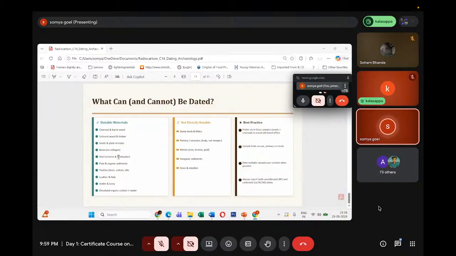For textile, any piece of fragment, we can date, but then again, it has to survive, which is a little rare in the Indian context for early history, or prehistory, or the Mesolithic period and so on, right? And also talking about seeds and plant remains, which are again short-lived samples, the charred grains, for example, are always preferred over the long-lived ones.